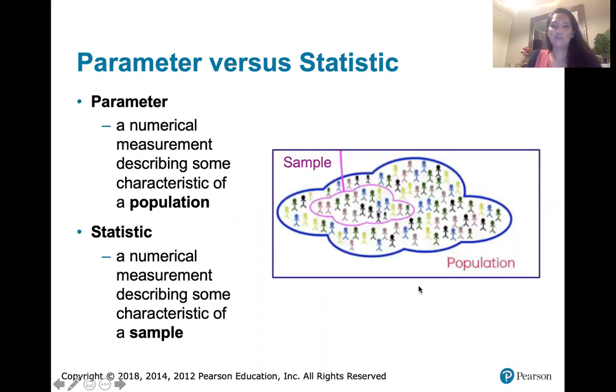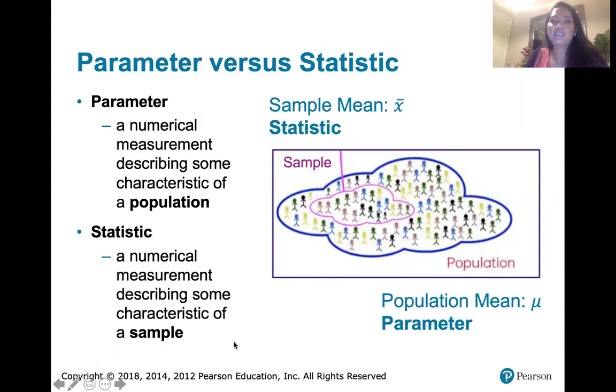So we've seen this graphic before. We saw this in the last PowerPoint. The population is everyone, and the sample is some subset of that population. Now, if I were to take, let's say, test scores, maybe this population is the whole class of statistics students.